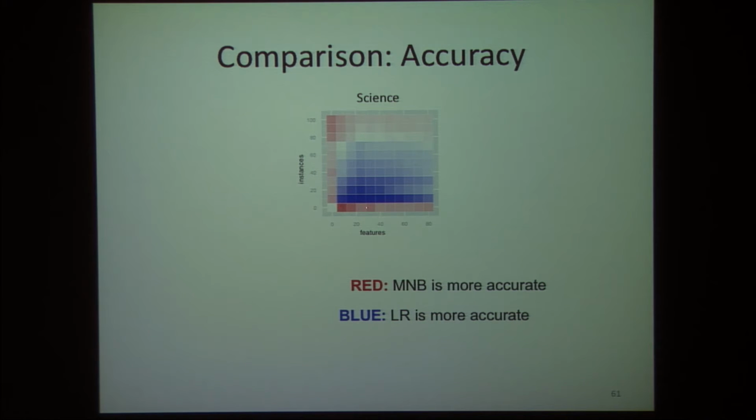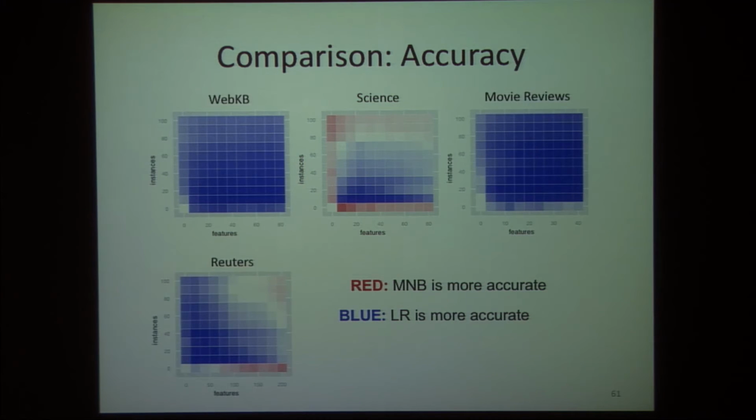This is if we add more labeled features but no labeled instances, and this corner is if we've got 100 labeled instances and 80 labeled features. Okay, the red cells are where naive Bayes is superior, and the blue cells are where logistic regression is superior. This is for the science corpus.